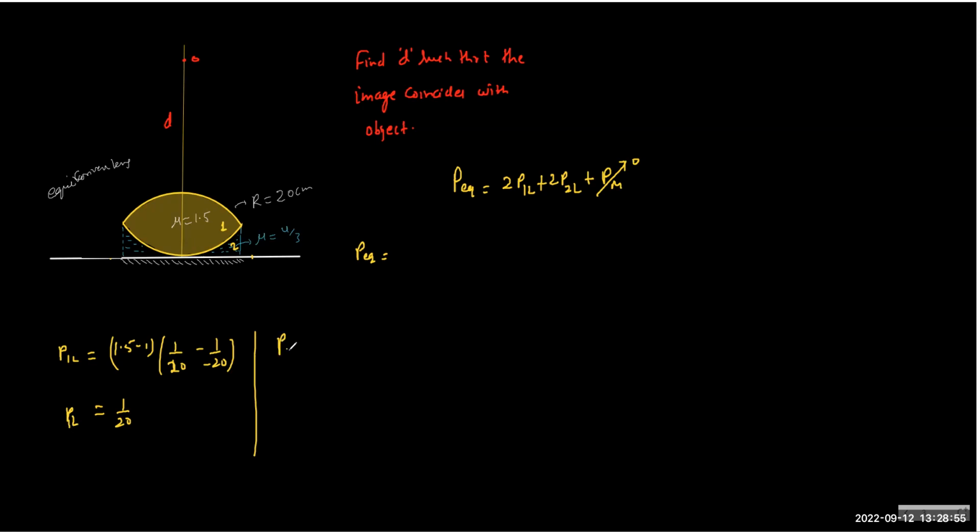So P2L will be how much? Mu minus 1, 1 by minus 20. It's a plano-concave lens, so the infinity term we can attach.